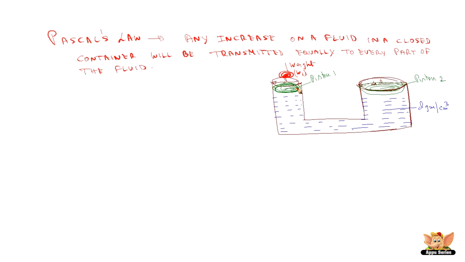And on piston 1, when we put a weight of W1, what happens? The pressure develops that gets transmitted to piston 2. Now when the pressure gets developed and it gets transmitted to piston 2, and it's a closed container, what happens if we don't take any action on piston 2?